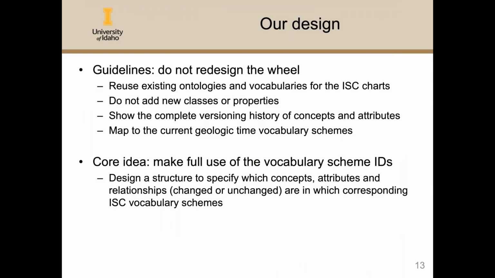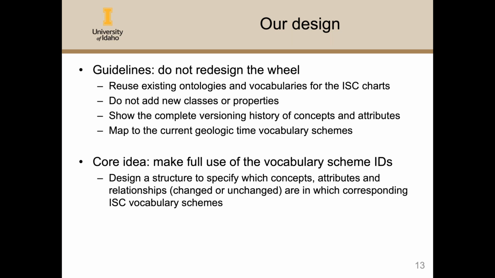But how should we do this? Here is how we do the design. I already mentioned I don't want to redesign the whole thing, so what I'm trying to do is reuse the existing ontologies and vocabularies, and not add any new classes or properties. Our aim is to show a complete version history, and then we can also map back to the current geological time vocabularies.